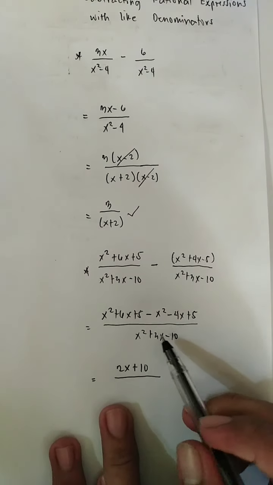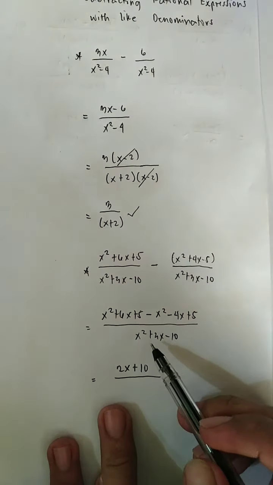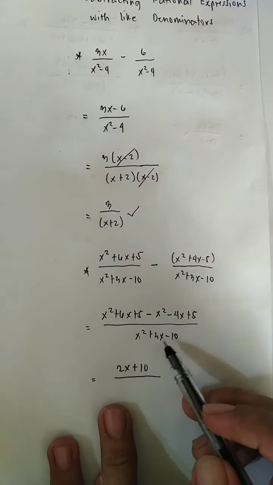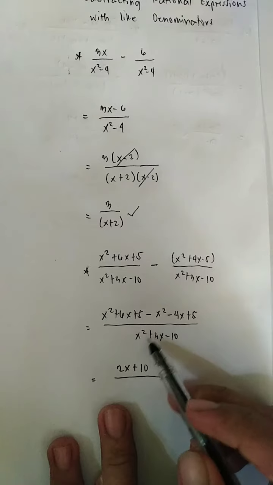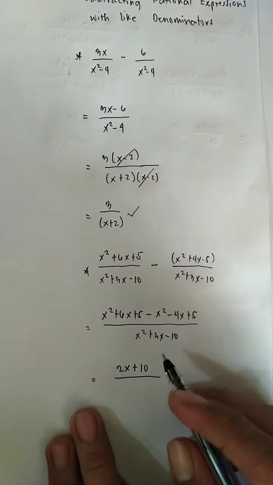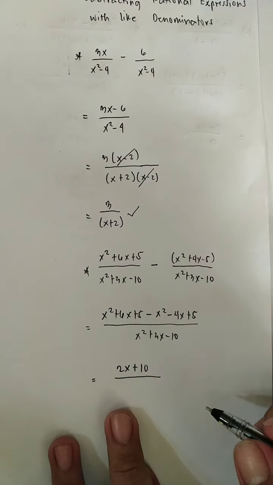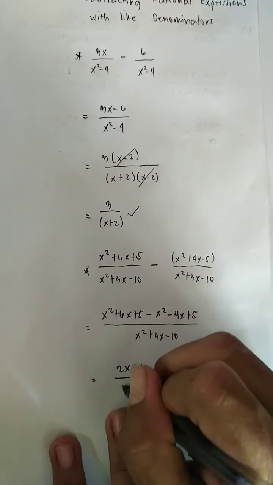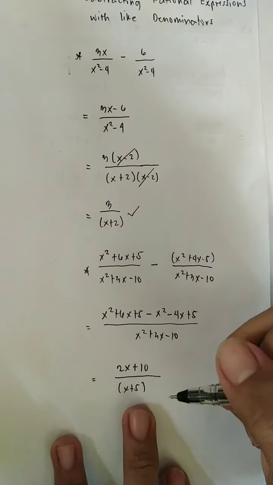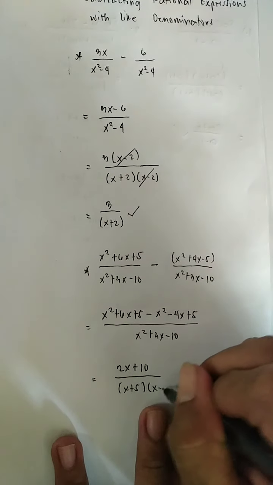As you can see, the denominator is a trinomial that we can factor. So the factors are x plus 5 and x minus 2.